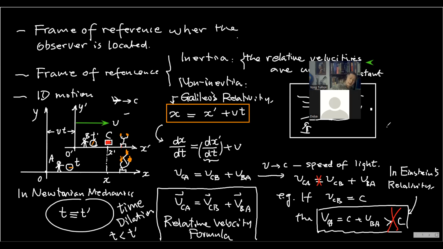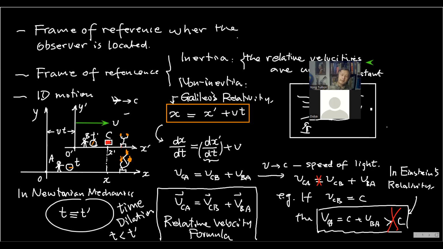Any question? We're also doing some simultaneity. Simultaneity is part of special relativity. And again, simultaneity is true when we use Galileo's transformation, because we assume time is absolute, right?